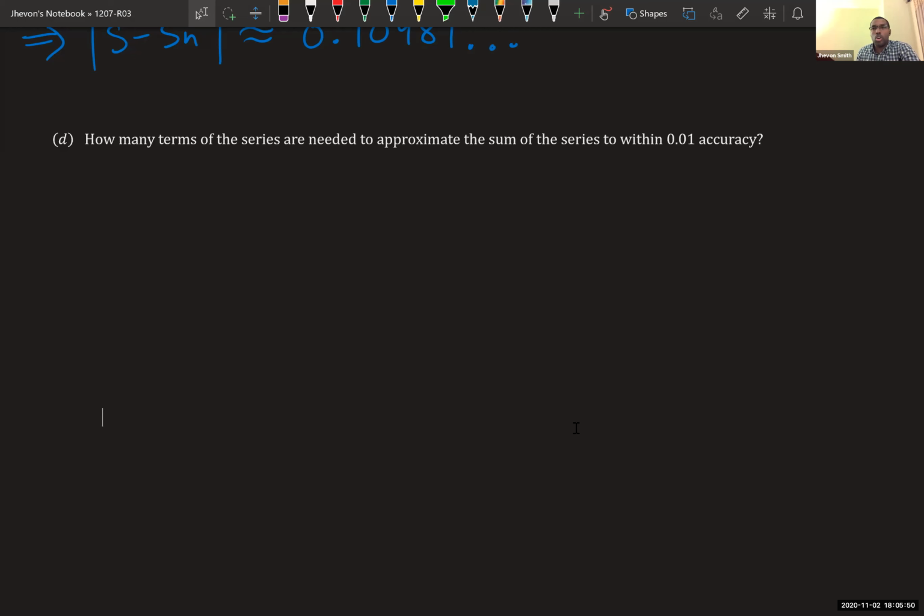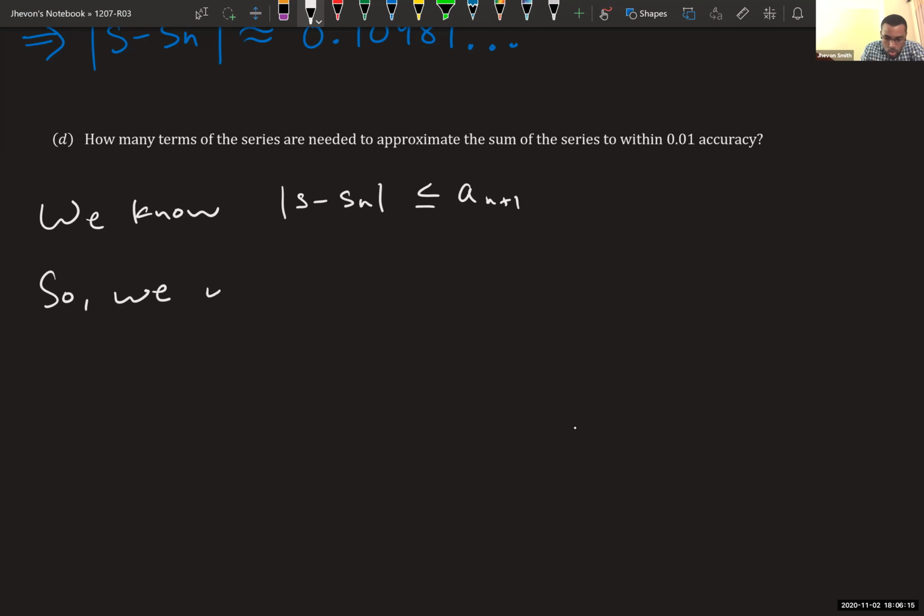So at the end of the day, we are going to want to focus on the a_{n+1} term. So now we know that the difference is less than or equal to the a_{n+1} term. So all we want is for the next term, on whatever n is, I don't know what n is in the beginning, but whatever it is, I would want the a_{n+1} term to be less than 0.01.